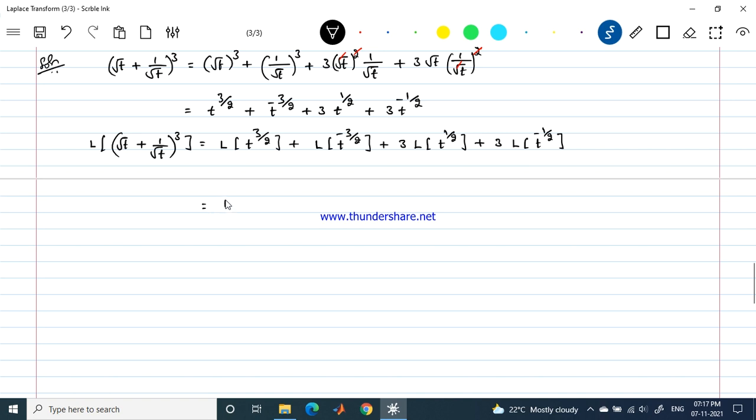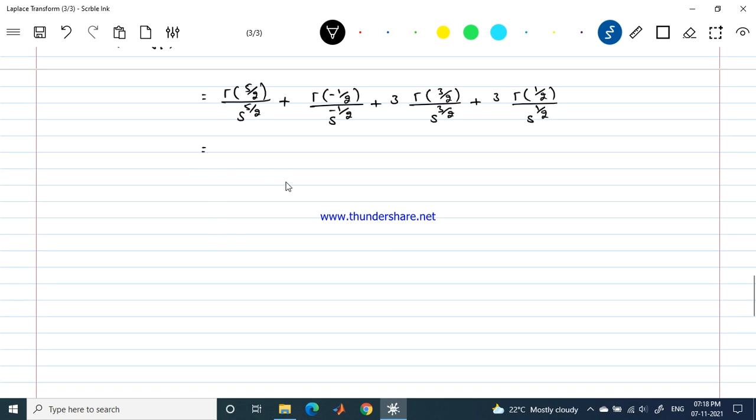So the first one is gamma of 5 by 2 upon s power 5 by 2, plus gamma of minus 1 by 2 divided by s power minus 1 by 2, plus 3 times gamma of 3 by 2 by s power 3 by 2, plus 3 times gamma of half divided by s power half.